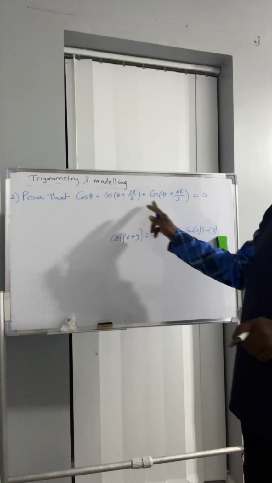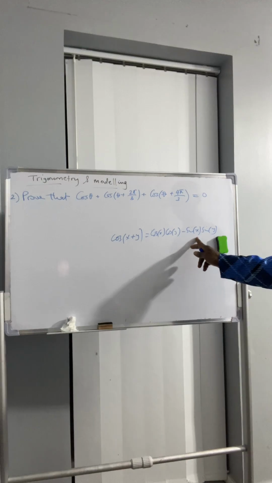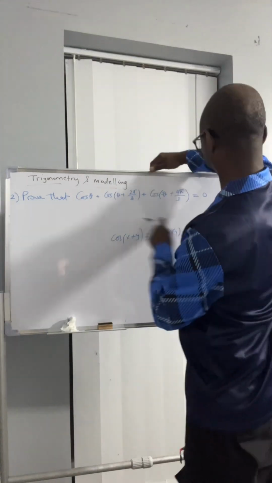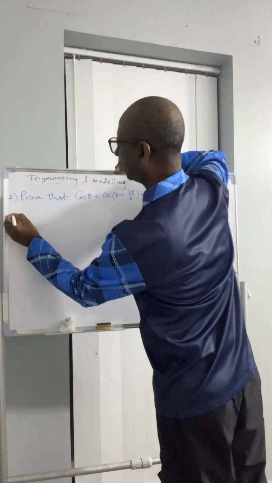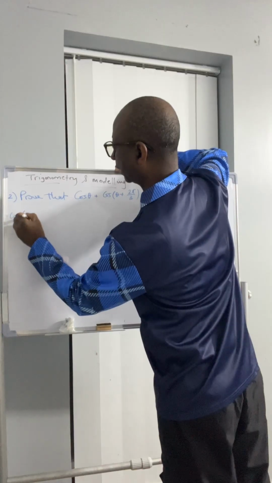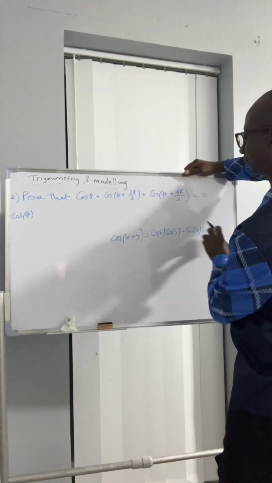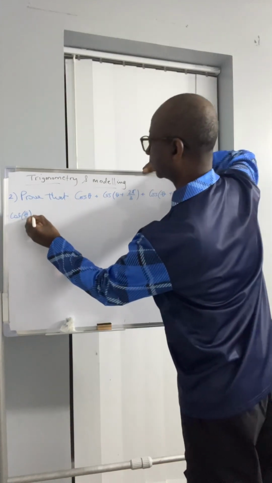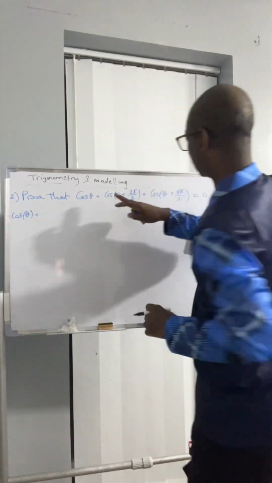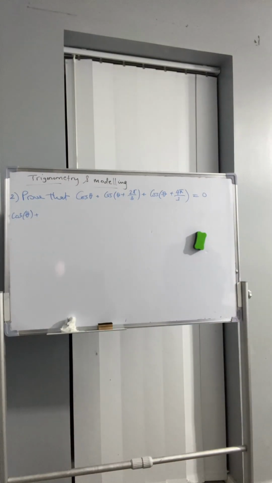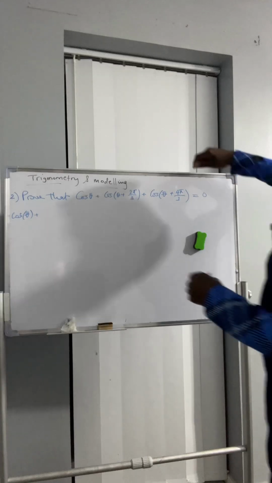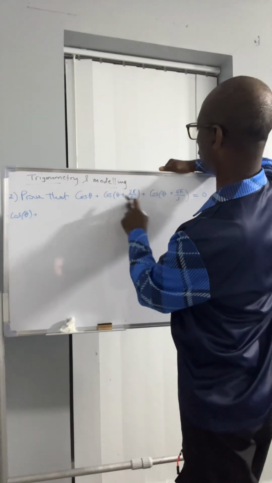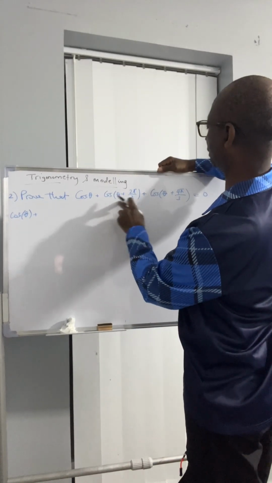Because we have the cosines here, this is what we're going to use. So for this one, we have cos of theta on its own, and then this one is going to give us plus. Is it plus plus? That's minus. Cos theta 2 pi over 3, 4 pi over 3. Yes. So now we're going to expand it by using the addition formula.